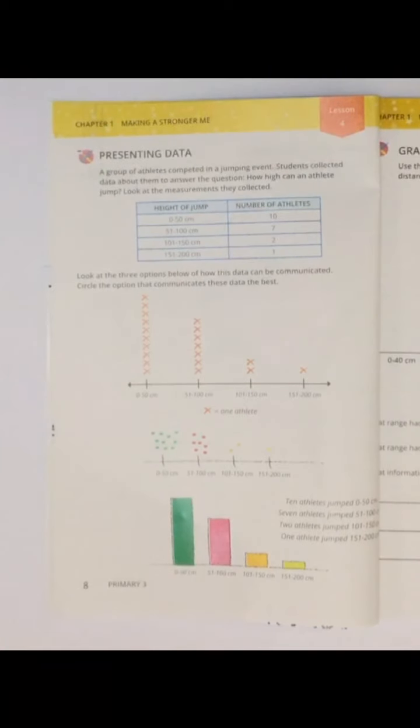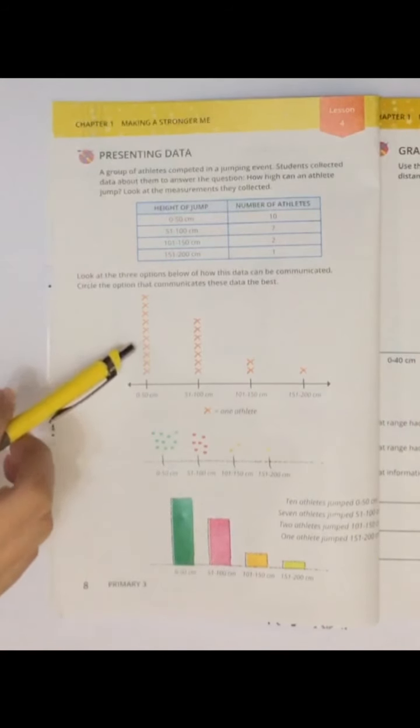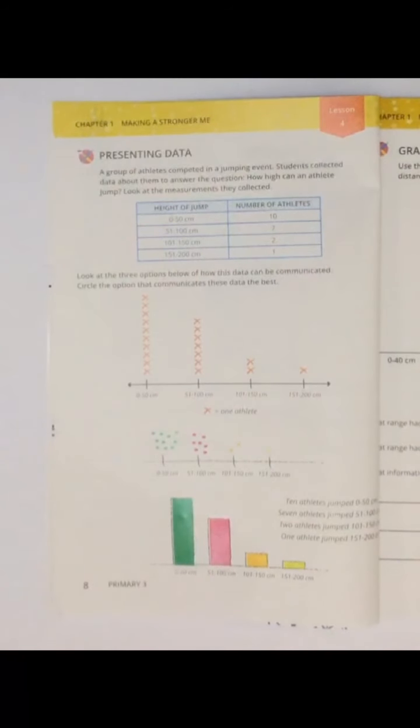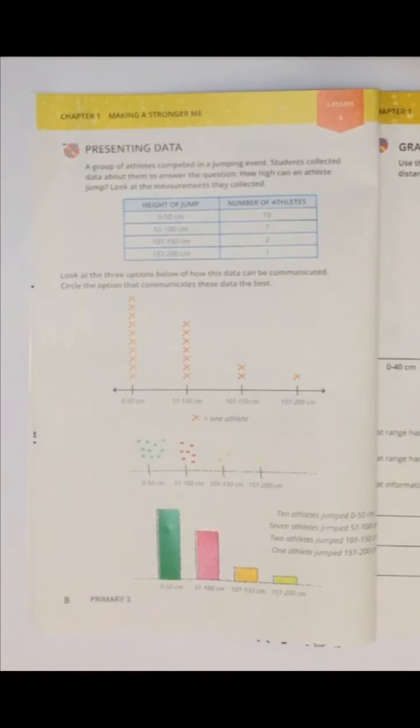Second graph, we use dots to represent one athlete, so instead of using X's, we will use dots. Last graph we have, which is the most important one, is called bar graph. It uses colored bars to represent data.